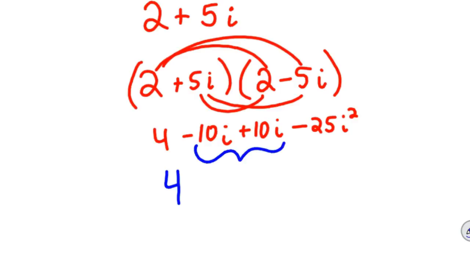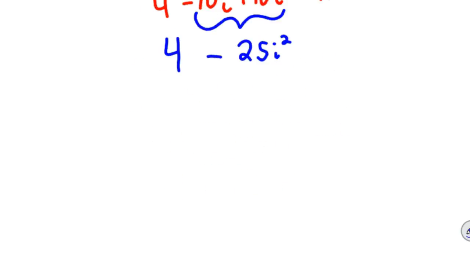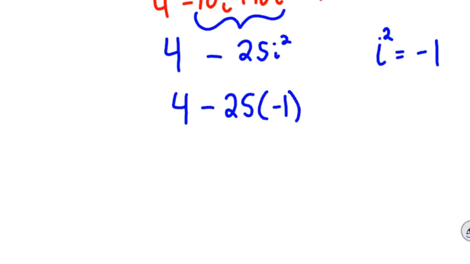This here in the middle is 0 minus 25i squared. We also know, if you've studied imaginary numbers at all, i squared is the number negative 1. So this is 4 minus 25 times negative 1, or 4 plus 25. 4 plus 25 is 29.